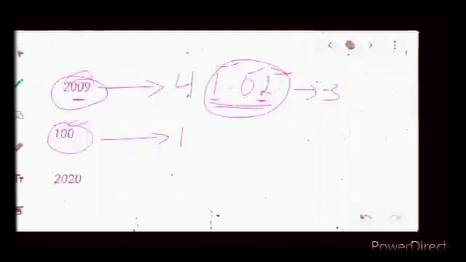But if this number 100 has a unit, so let's say 100 kilogram, that will change everything. If it is 100 kilogram, you have to consider these 2 zeros as significant figures.